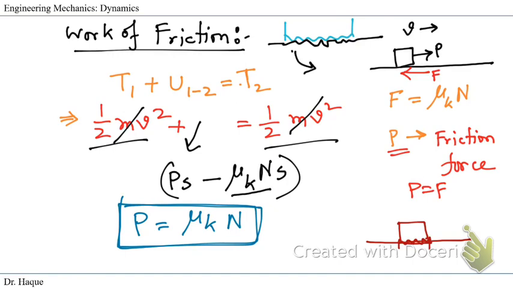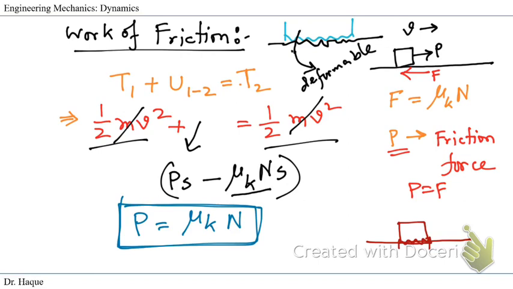Now if we assume the block material is deformable, what will happen? Either the small tiny teeth will break, as sometimes we see if we rub something against a hard thing, for example wax on a table, the wax is being deformed or breaking off and getting onto the sliding surface.